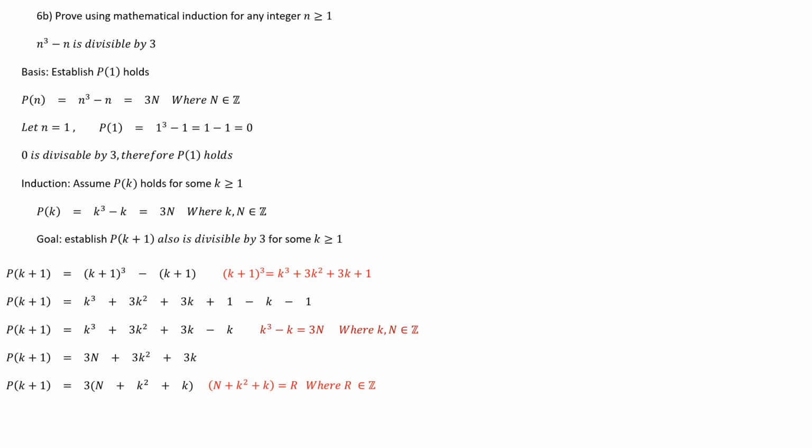Let's just say everything in here we're going to call r, and r is just some integer. So now we have 3r. So obviously, 3 times an integer will be divisible by 3. Therefore, P of k plus 1 holds true.